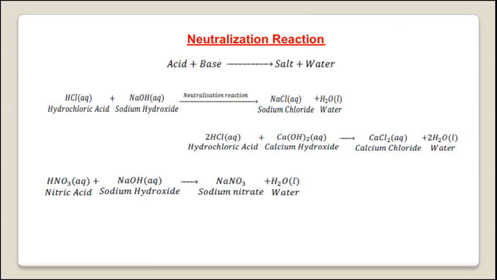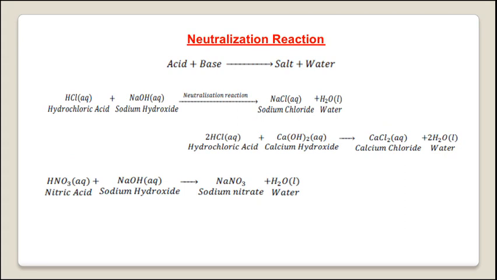The most important reaction that acids and bases give rise to is the neutralization reaction. As the name suggests, when acid and base combine they form salt and water. We know that salts can be neutral, acidic, or basic.